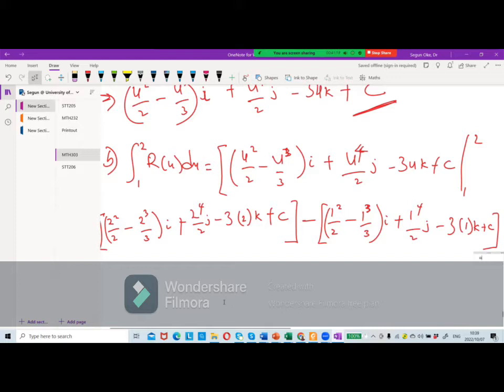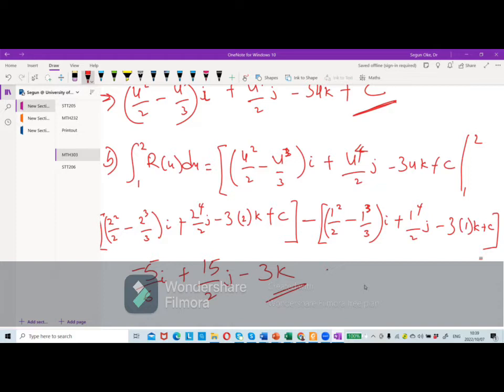If you do it very well, you are going to have minus 55 over 6 i plus 15 over 2 j minus 3k. So on your own, open the bracket, punch your calculator one after the other.